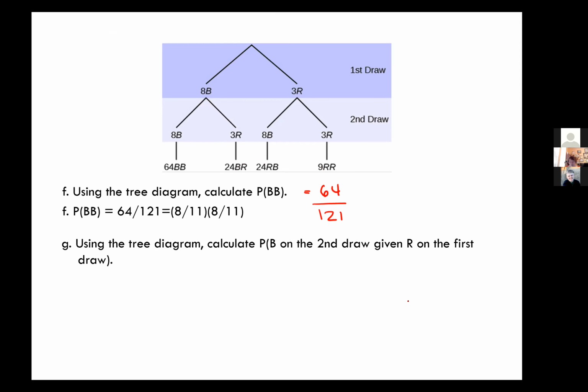Calculate blue on the second given that it's red on the first. Well, that's this branch over here where you're getting a red on the first draw. So what's the probability that you get a blue on the second given you get red on the first?